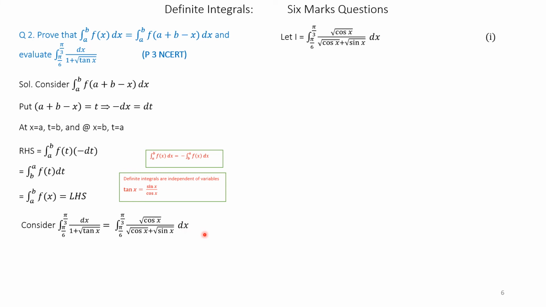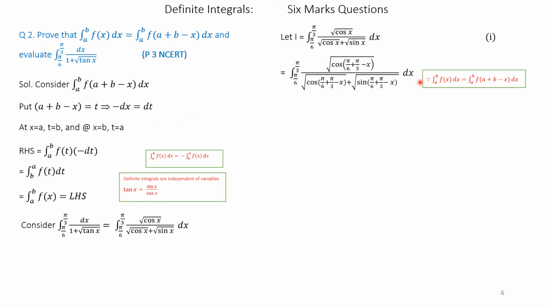So this term on the right hand side can be further written using the property number 3, which we proved, as integral pi by 6 to pi by 3. So f of x becomes f of a plus b minus x. Here a is pi by 6 and b is pi by 3.